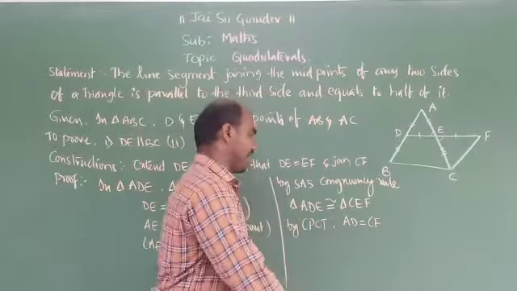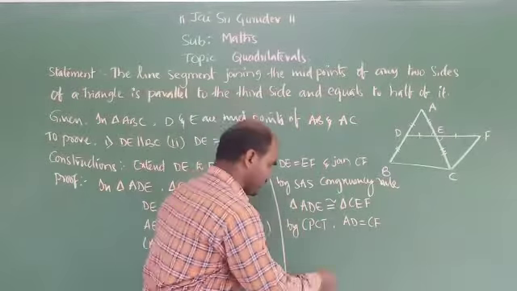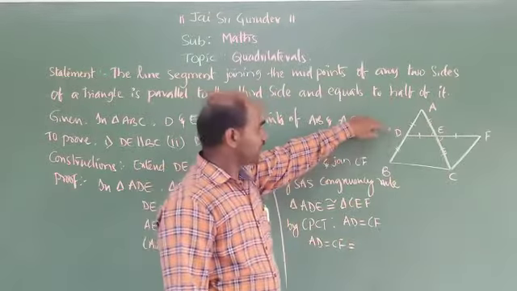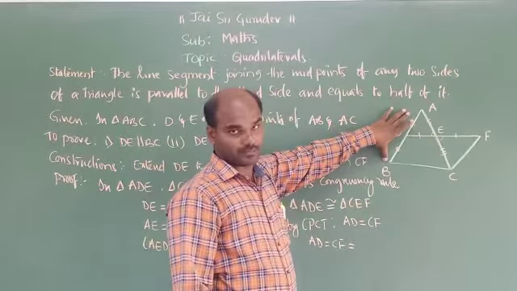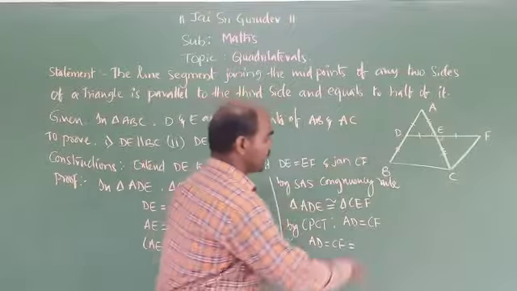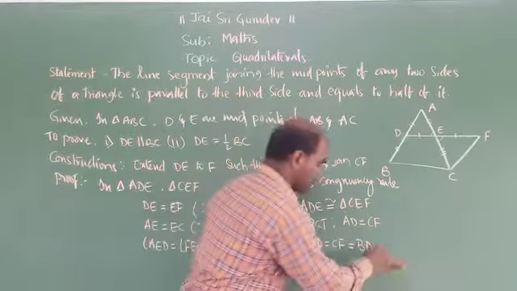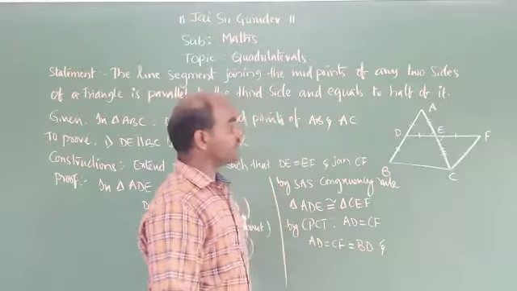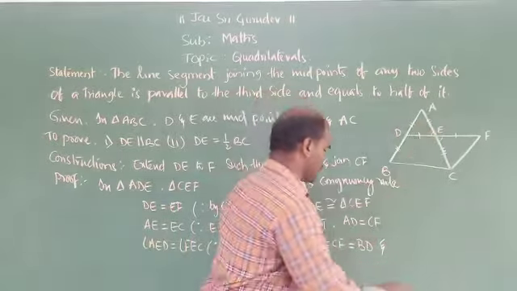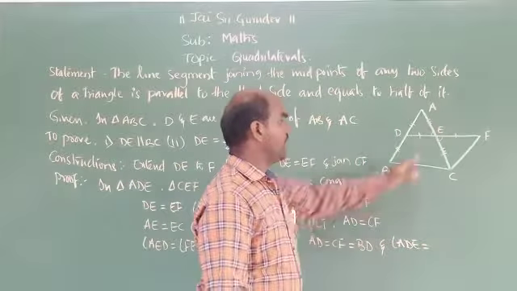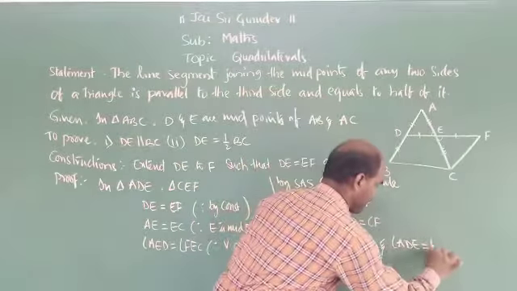So then, when we get AD is equal to CF, AD is also equal to BD, children, because D is the midpoint of AB. Yes or no, children? So that is BD. And one more condition to observe, children: angle ADE is equal to angle ABC.